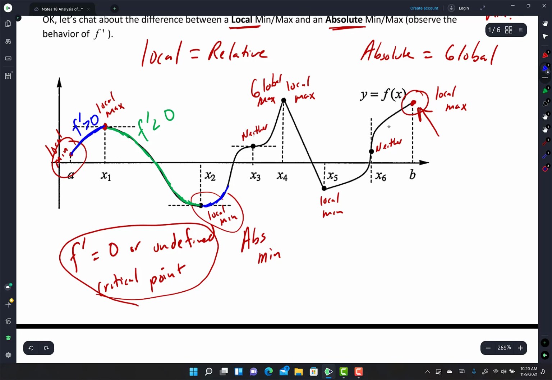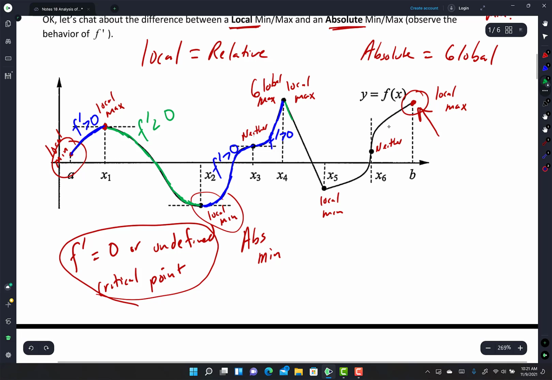Notice this region here is increasing. How do you say increasing? F prime greater than 0. And then I continue to increase after I reach that critical point, F prime greater than 0.